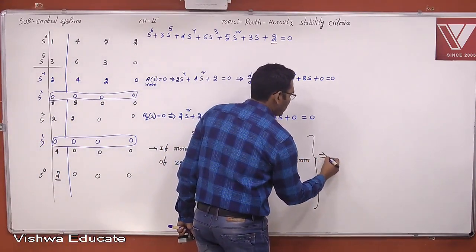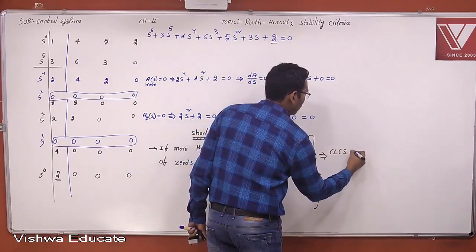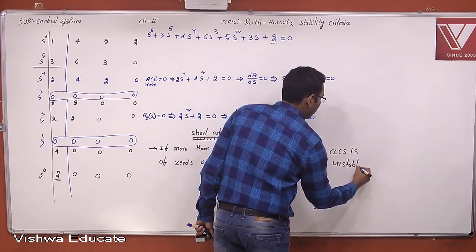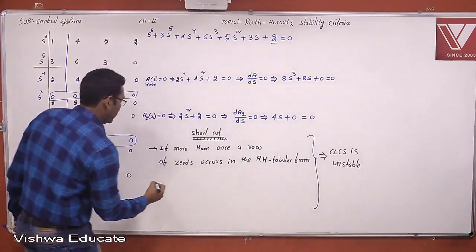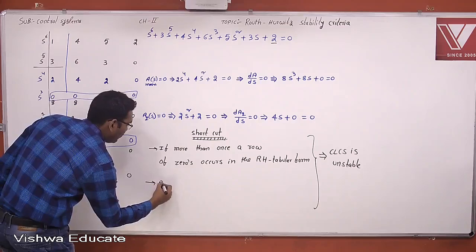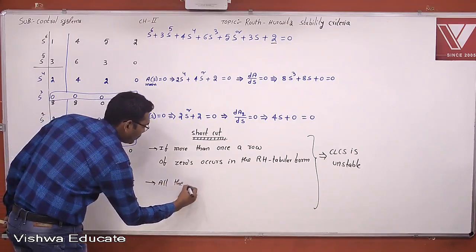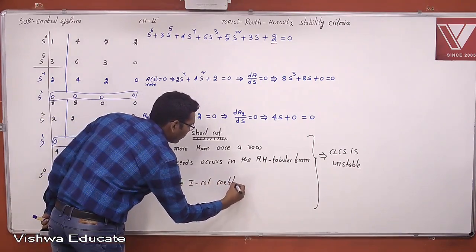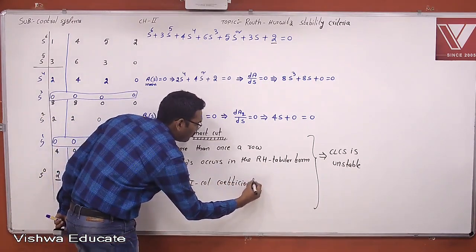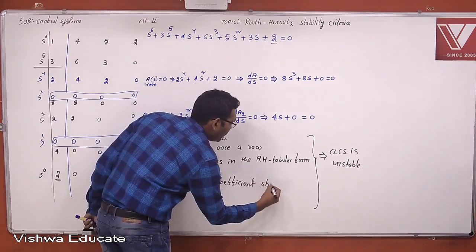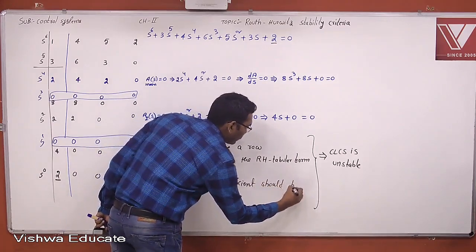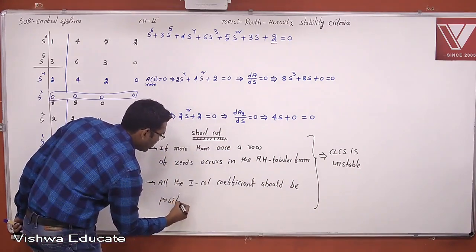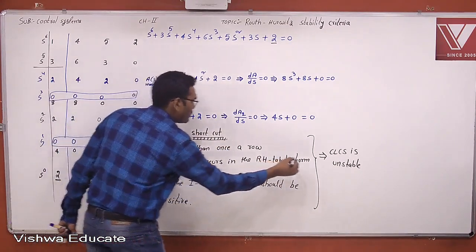The closed loop control system is unstable. Not only that, there may be another condition. That second condition is that all the first column quotients should be positive.